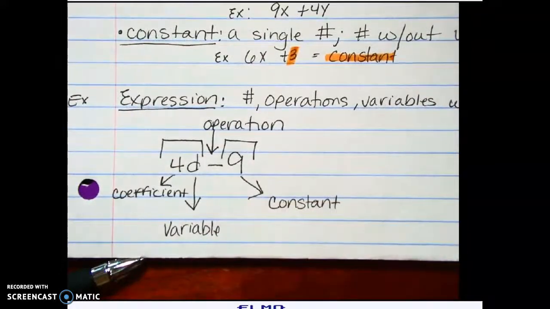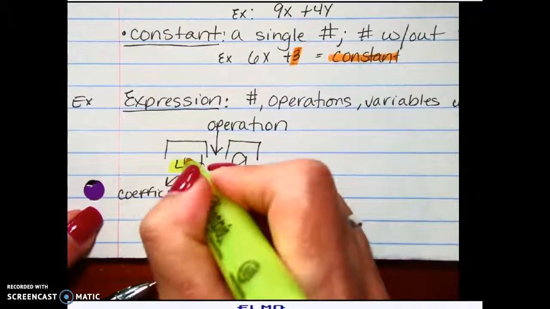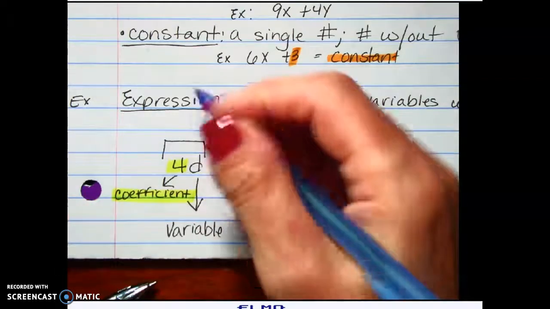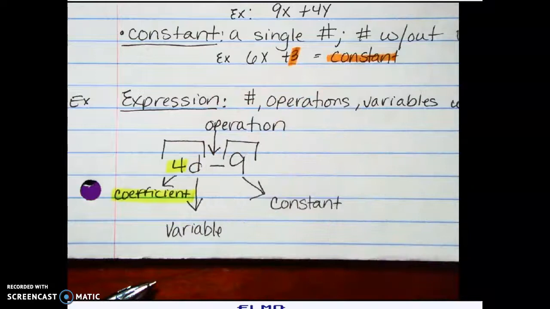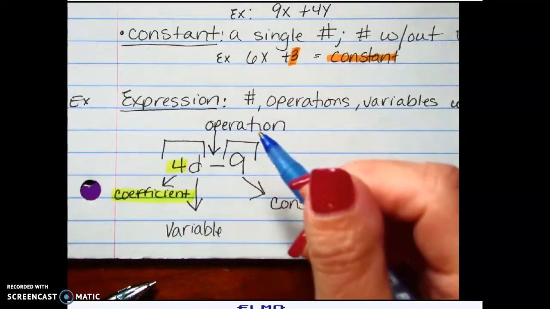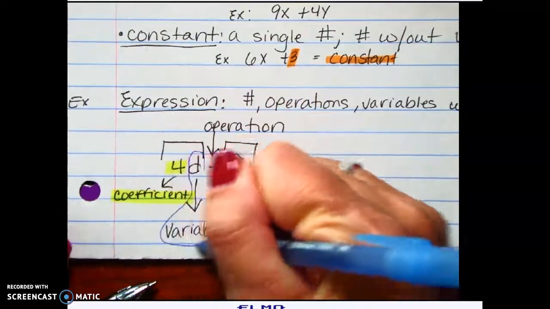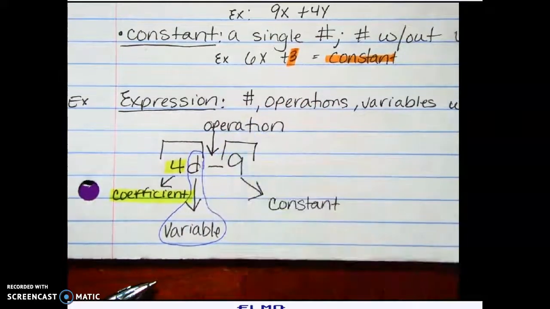So first off, our coefficient is 4. Right here, that's our coefficient. D is our variable. So I'm going to, let's see, 1, 2, 3. Yeah, I want to use my 3 colors. So I'm going to just circle this with my blue pen to make sure I recognize that.